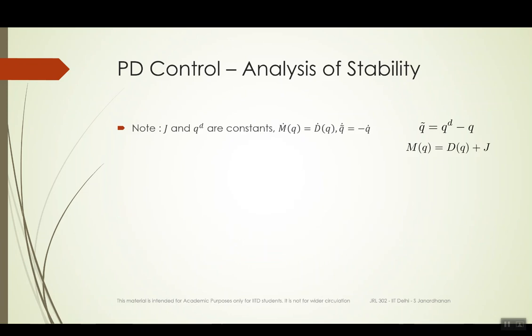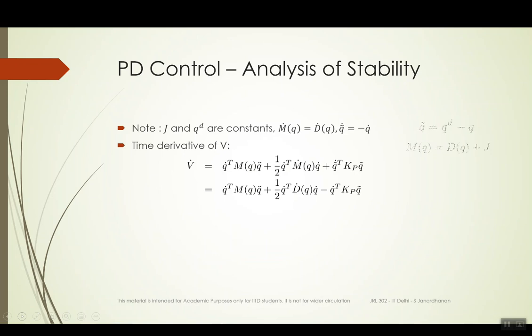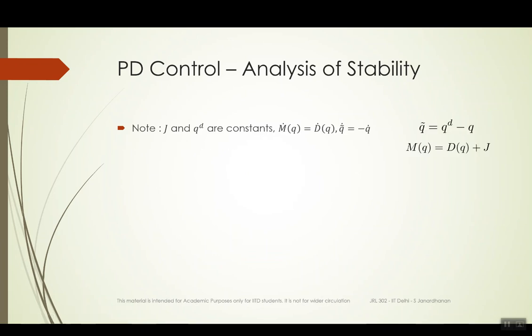Okay, let's see. So we want to prove what V dot is. When we take the time derivative of V, we end up in a situation where we may have to calculate M dot and Q tilde dot.